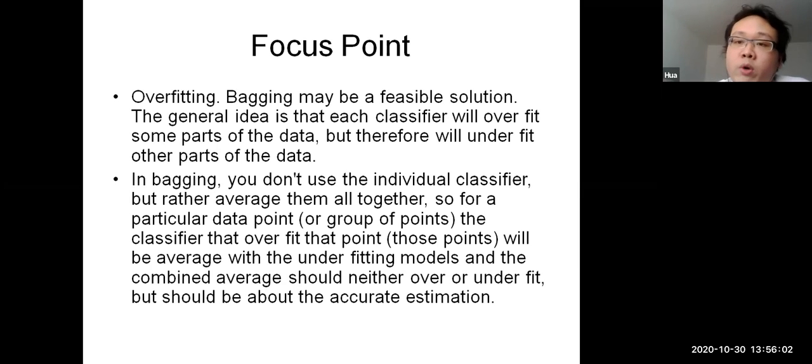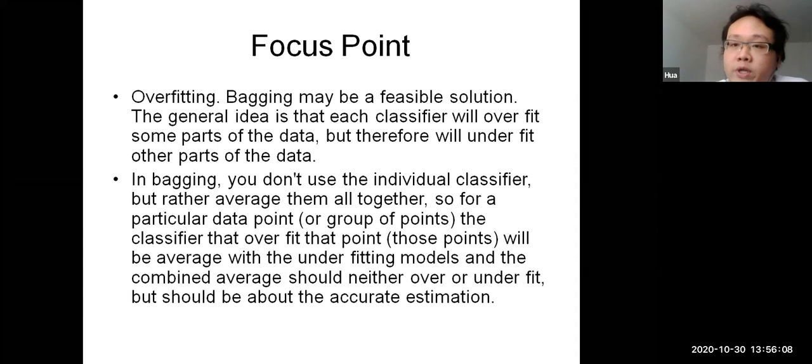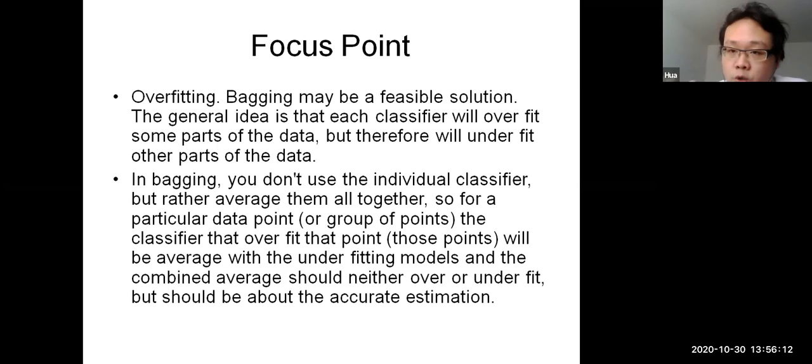But we will still borrow some advantages from the regression algorithms, such as neural networks and regression trees, to improve our model performance.